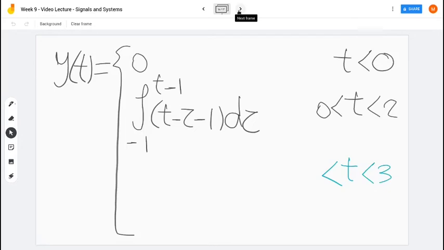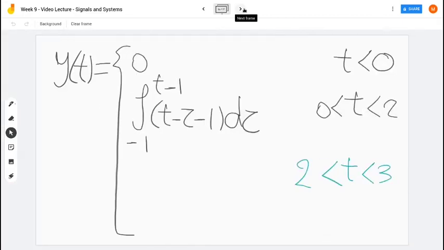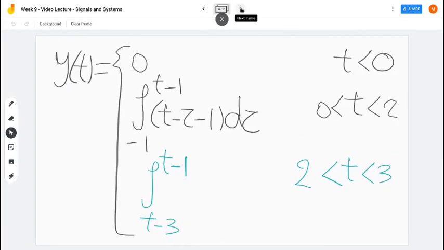So for the interval t larger than 2 and less than 3, the integration will be from this edge, which is t minus 3, up to t minus 1. And the function under the integration is 1 times this straight line, which is t minus tau minus 1. So again, integrating t minus tau minus 1 d tau.